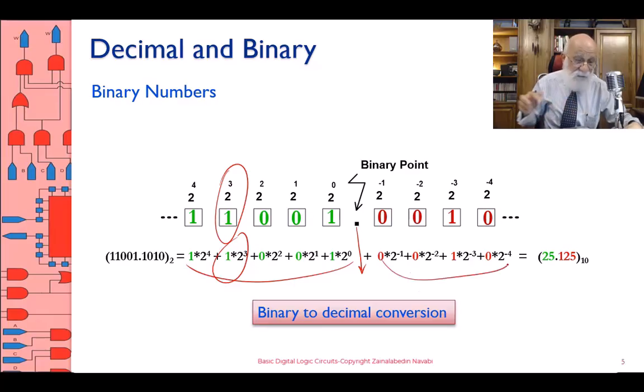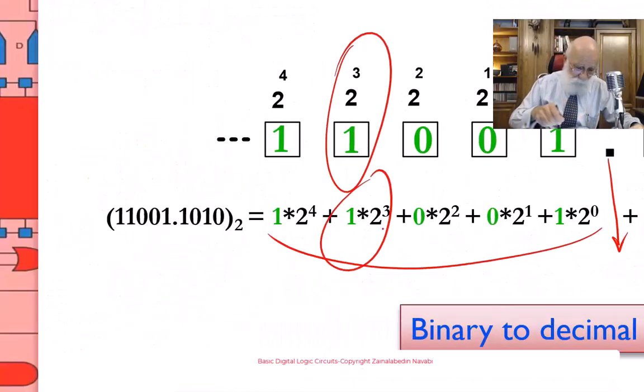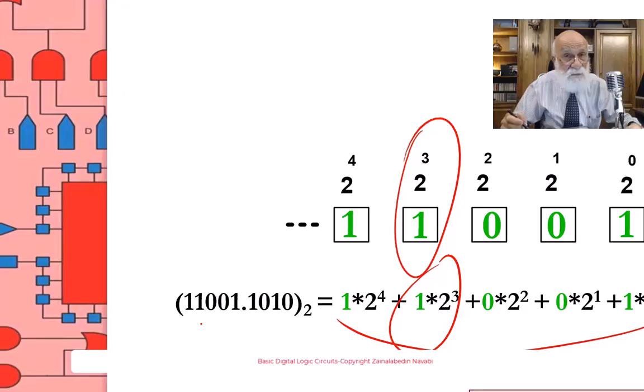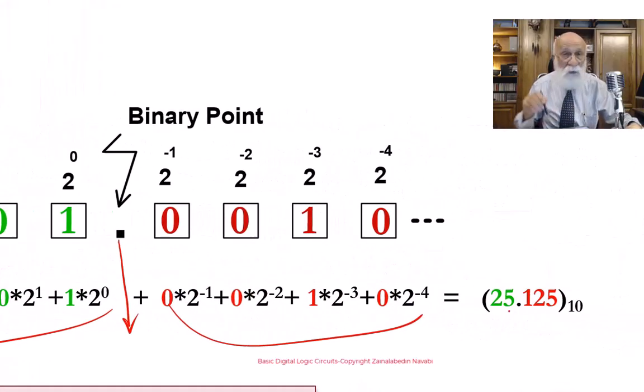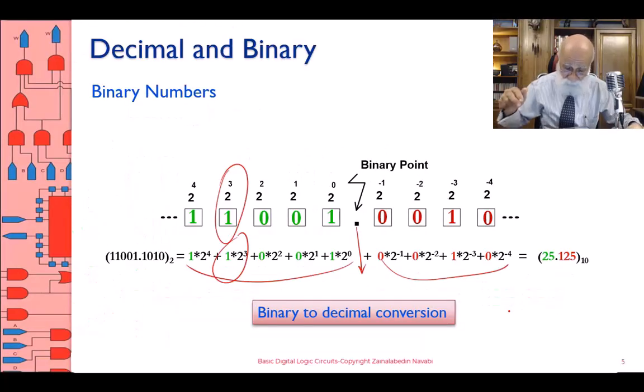What I have on the left-hand side is the binary number, and then you add them all up. You come up with the equivalent decimal number. So basically, this is the way you do the conversion.